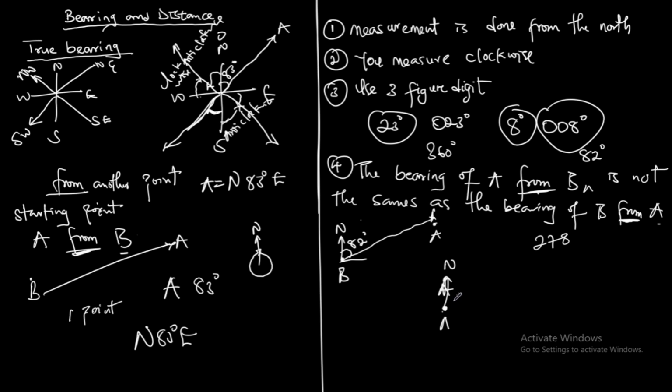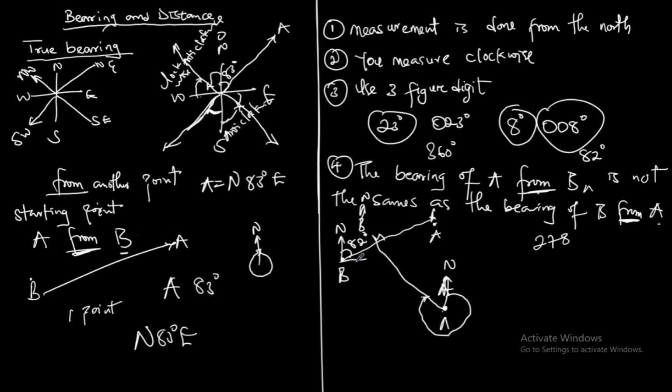Remember, every measurement can only start from the point and it has to be clockwise. So by the time I move to this point, I got to 90, move to this point, I got to 180, move to this point, I got to 270. So my 278 will be between this point, right? So this is the point of my 278 degrees, which means angle A will move towards this point. And then this is where my point B will then be, which also has its own North Pole.